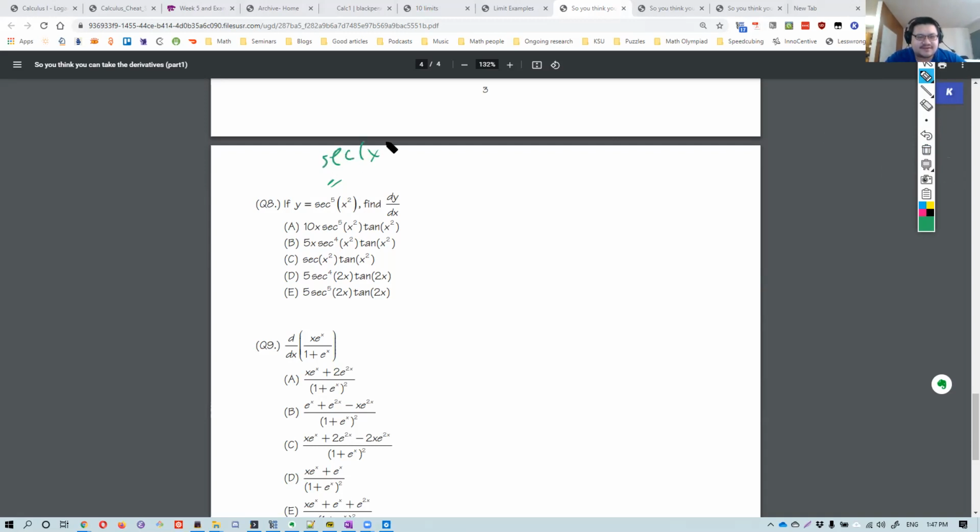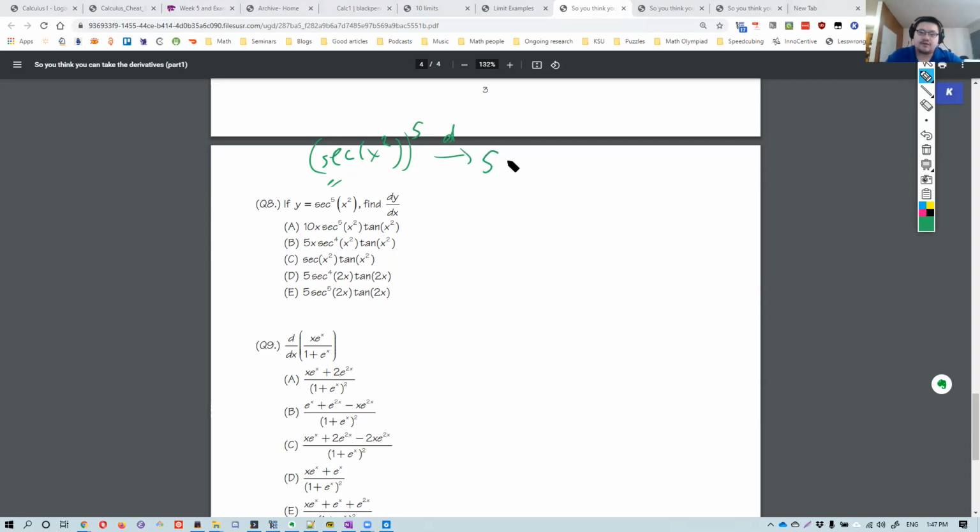So, secant of x squared, the function is raised to the 5th power. You want to rewrite that, because if you don't, I've seen very many times people take 2 derivatives simultaneously. They end up taking the power rule while at the same time taking the derivative of the secant function, and that will not give you the right answer. So we rewrite this so we actually see it's a composition of 3 functions.